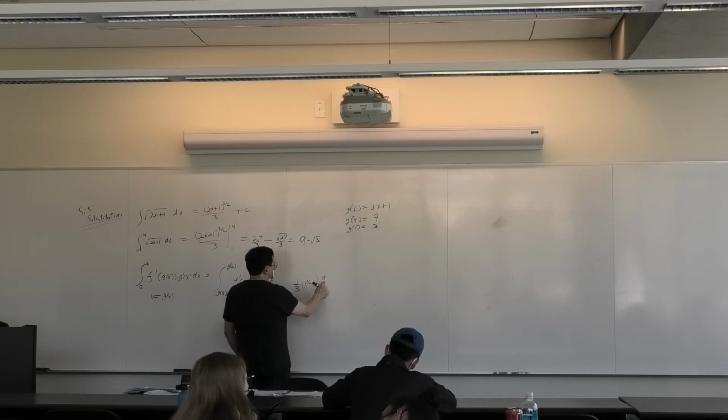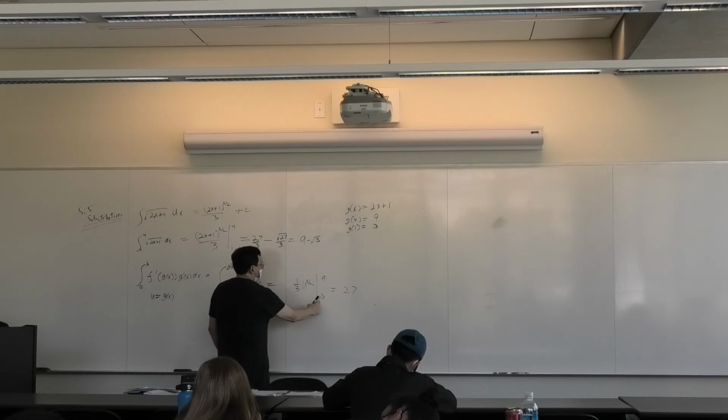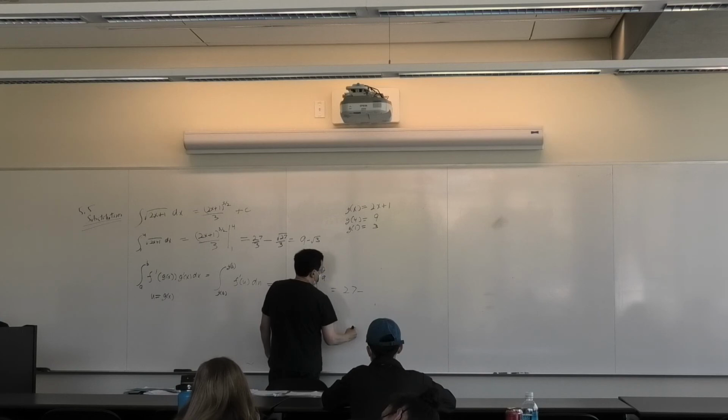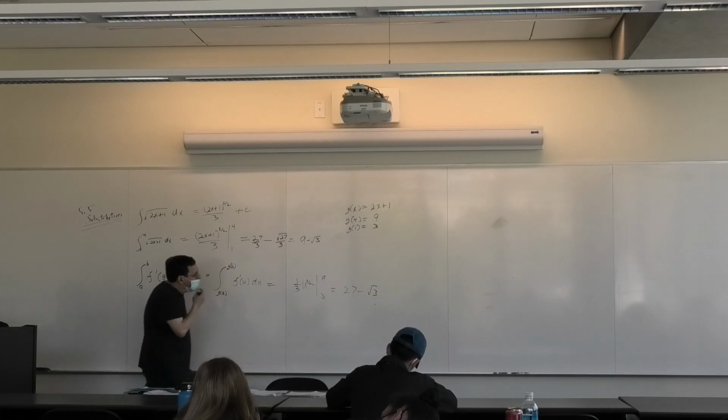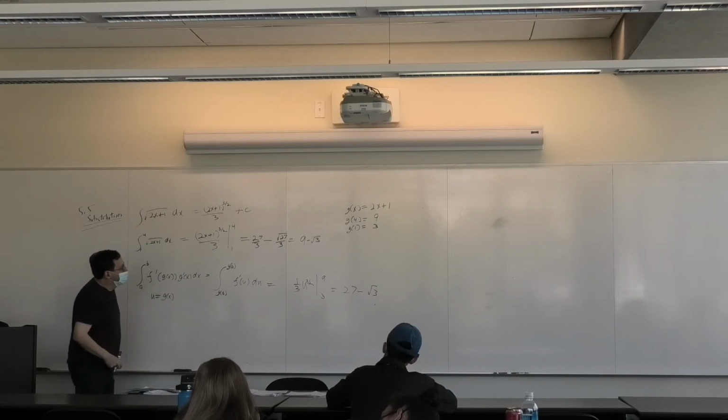Square root of 9 is 3. Cubed, 27, divided by 3 is 9. Three cubed is 27. Square root of 27. Square root of 27 over 3 is square root of 3. So it turns out the same if you use this formula.